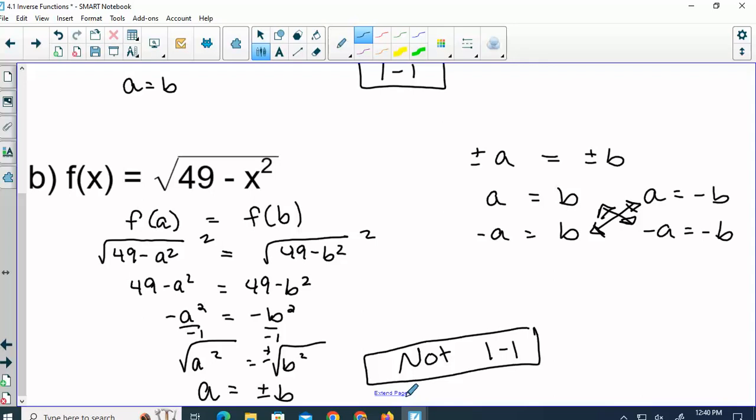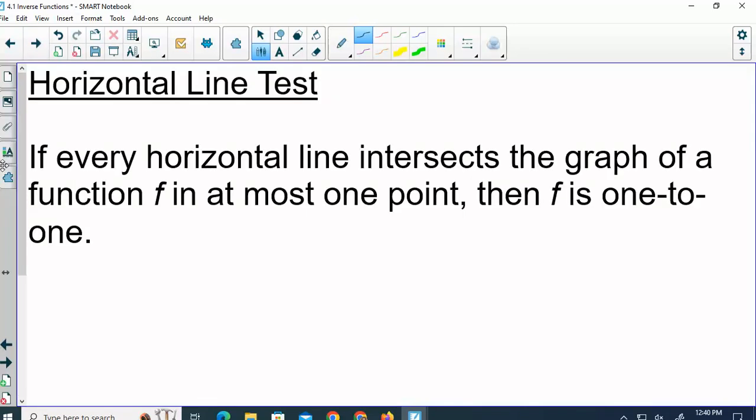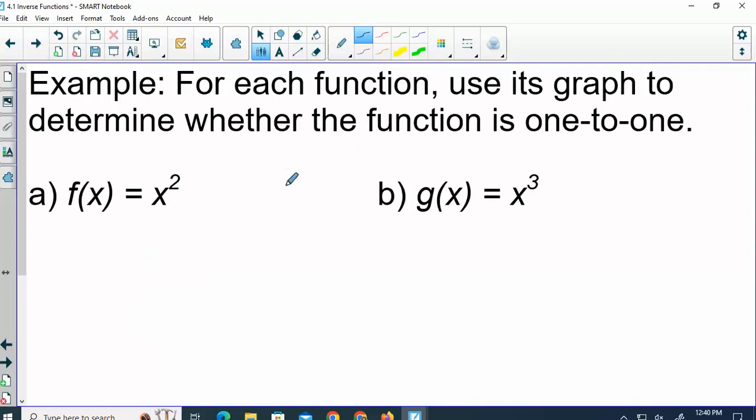So to look at a graph, we could check to see if it passed the horizontal line test. So horizontal line test basically says if it's 1-to-1, no matter where you draw the horizontal line, it can only hit the graph once. If there is any horizontal line that would hit that graph more than one time, it would not be 1-to-1. So take a second, sketch those graphs for me, and decide if this would be 1-to-1 or not.